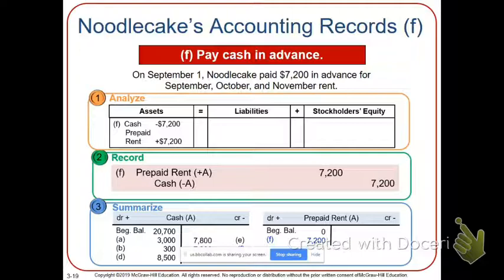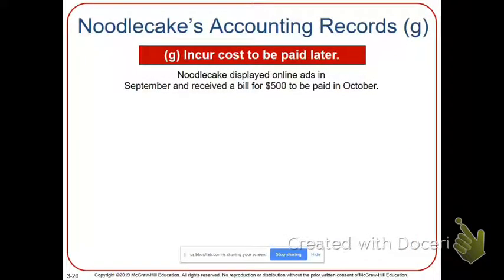All right. And then Noodle Cake displayed online ads in September and then received the bill to be paid in October. Accounts payable would be the debit. Accounts payable's right, but accounts payable is what type of account?